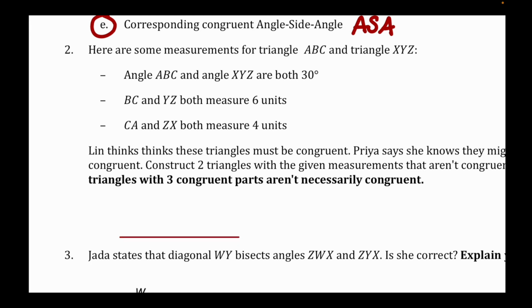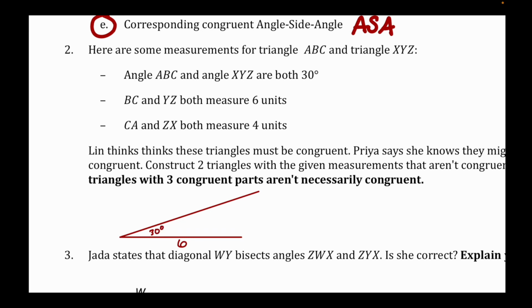I'm going to draw a straight line here as a base, and we'll call this the 6. I'm going to make what I think looks like a 30-degree angle, probably like here. And so I'll say this is 30 degrees.